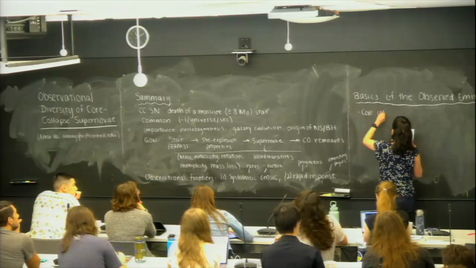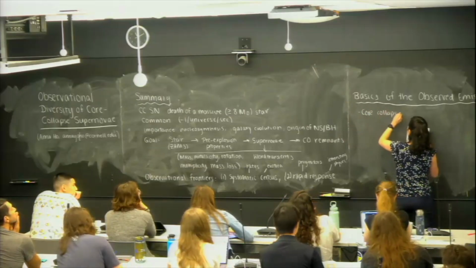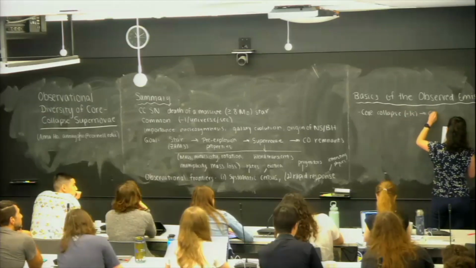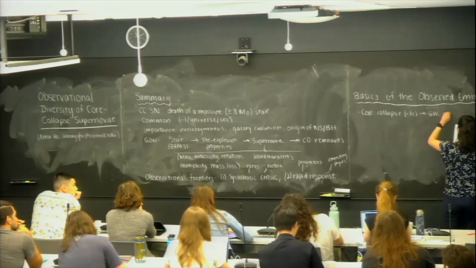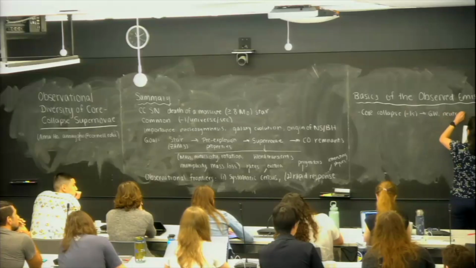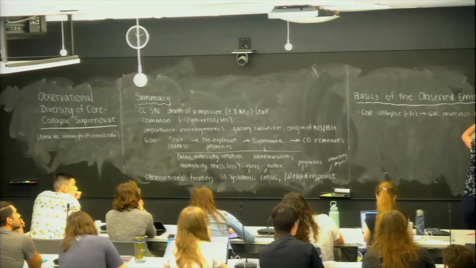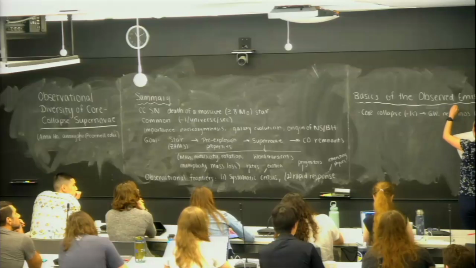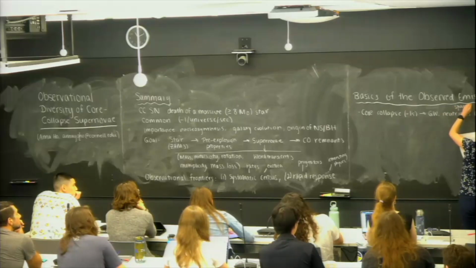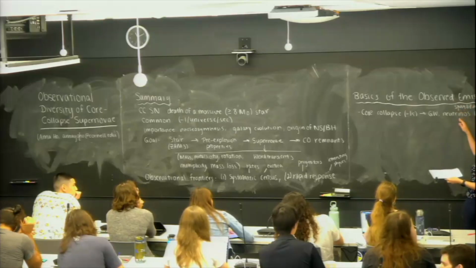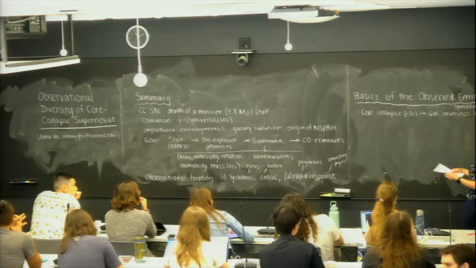Right, so of course, initially you have the core collapse, only takes about a second. From that, you get gravitational waves, and you get a burst of neutrinos. These are lasting maybe seconds. This was seen famously in supernova 1987A, which was in the Magellanic Clouds, so a satellite galaxy of the Milky Way.